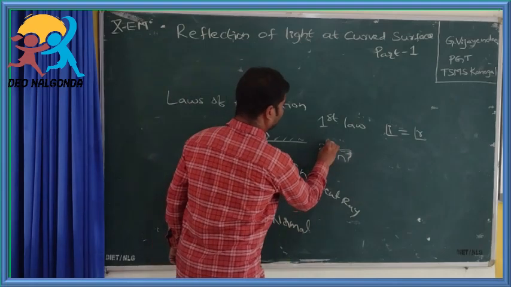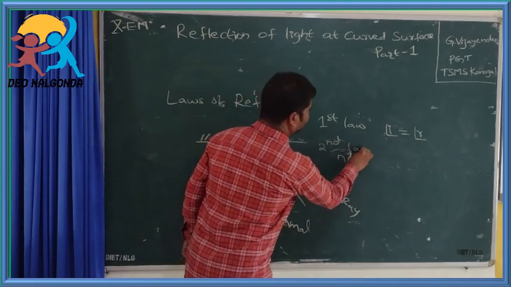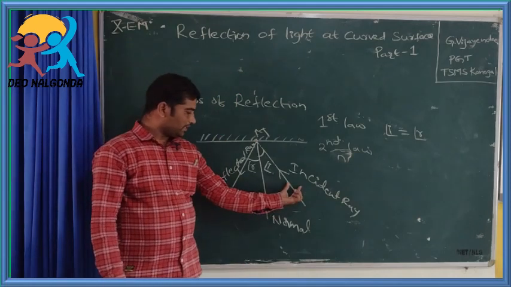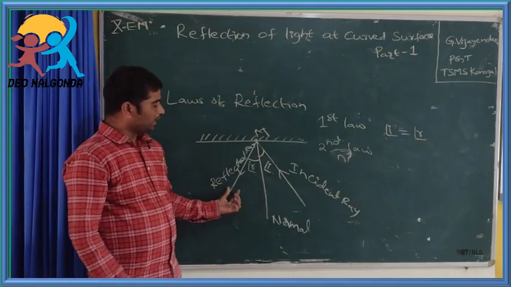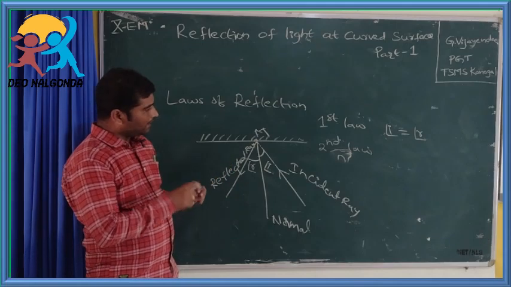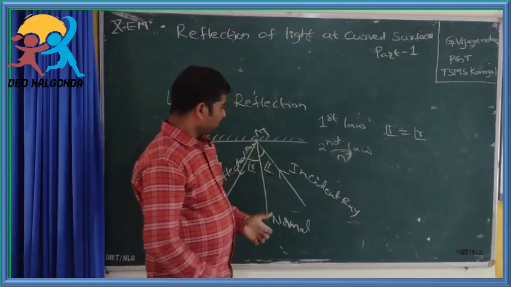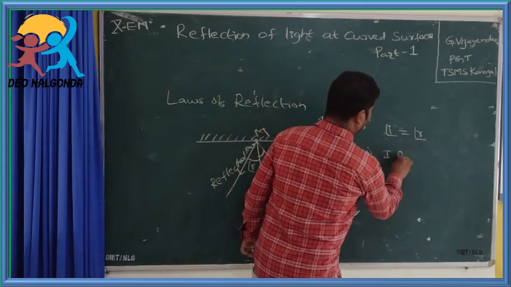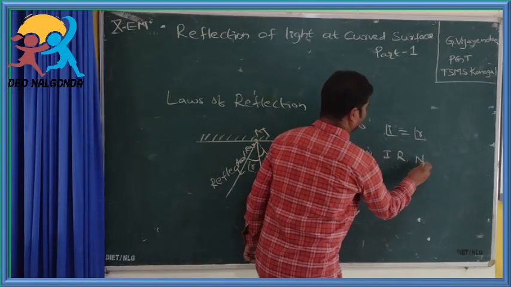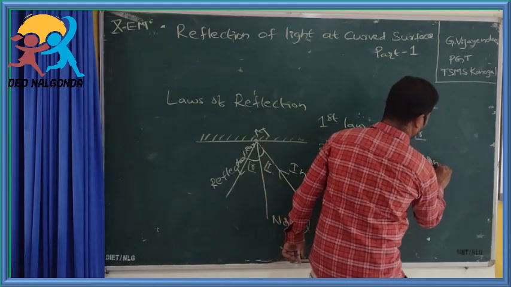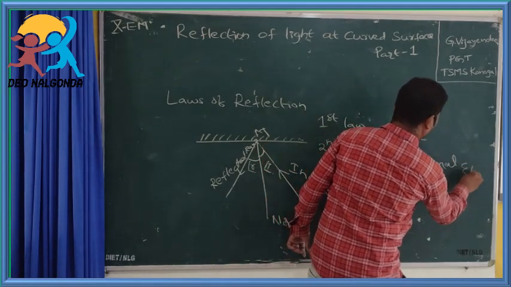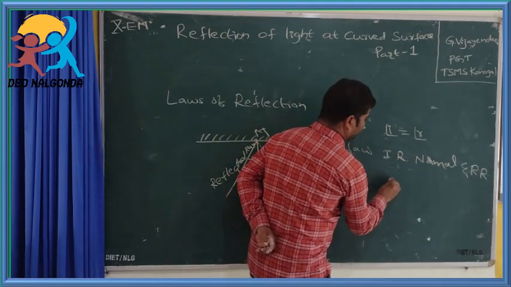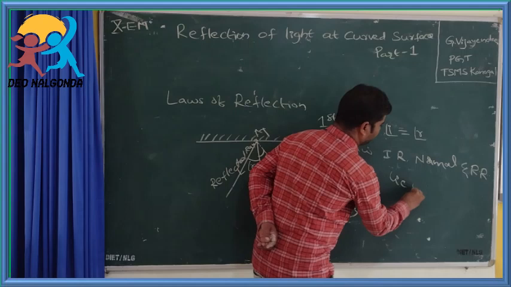The second law of reflection is that the incident ray, normal and reflected ray all lie in the same plane. These are the laws of reflection. The angle of incidence and the angle of reflection are equal. The incident ray makes an angle with the normal, and the reflected ray makes the same angle. Angle I is equal to angle R. Second law: the incident ray, normal and reflected ray lie in the same plane.